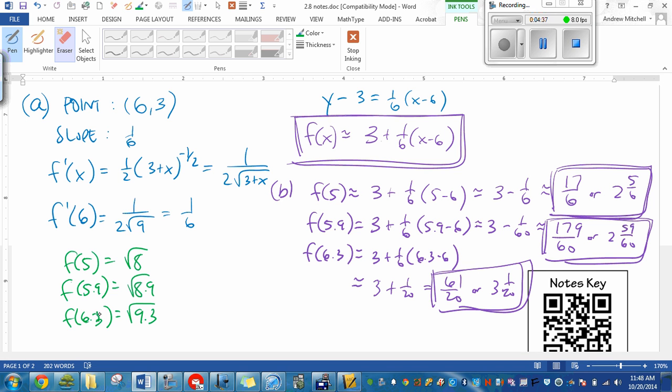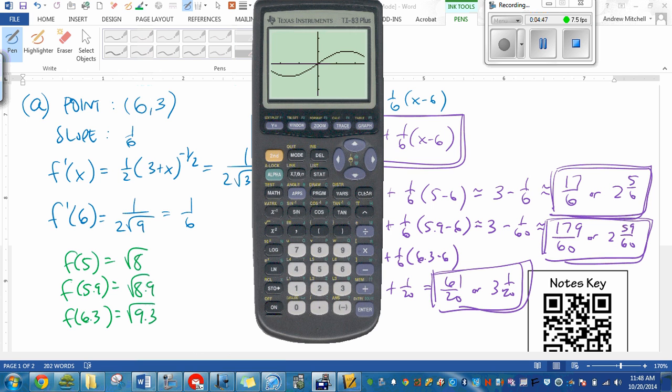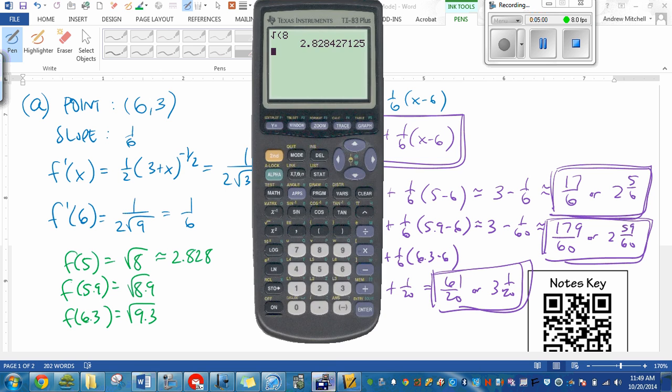So we're just going to go ahead and substitute those into our calculator and evaluate those. If we do square root of 8, we get 2.828 if we round that to 3 decimal places. Let's compare that to our 17 over 6, 2.83 repeating.